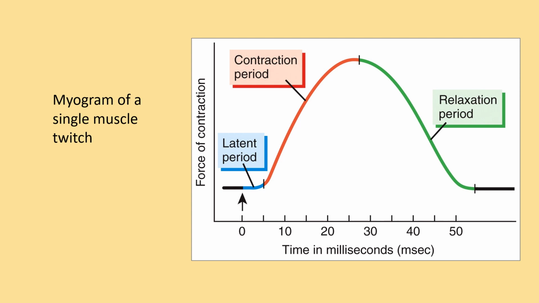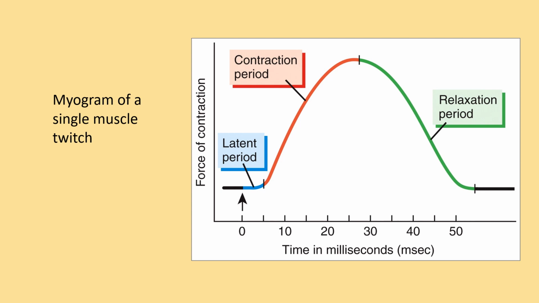So that means an action potential is traveling along the plasma membrane of a muscle cell and down the T tubules. After that, we see the latent period, and we've covered the latent period before. The explanation for the latent period is that events need to occur inside the muscle cell before we actually observe any muscle contraction.